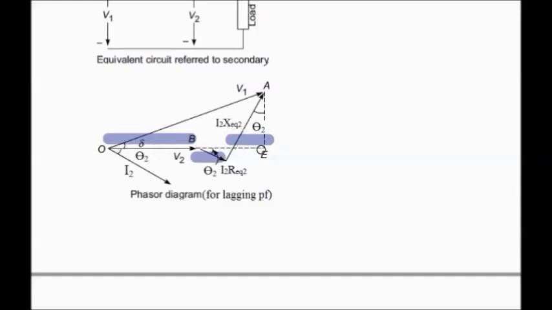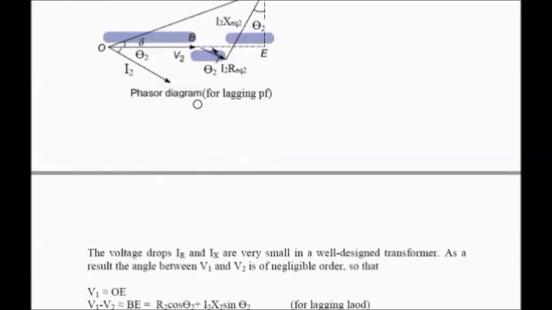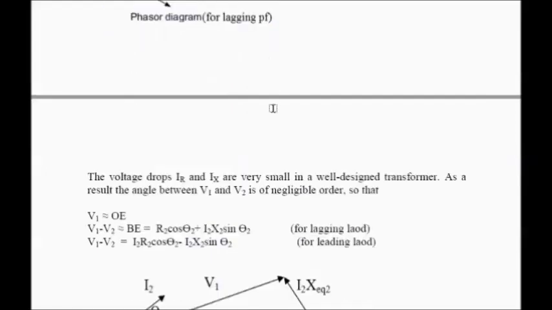So overall length OE will be V2 plus I2 R equivalent cos theta 2 plus I2 X equivalent sin theta 2, and this is for lagging power factor load.